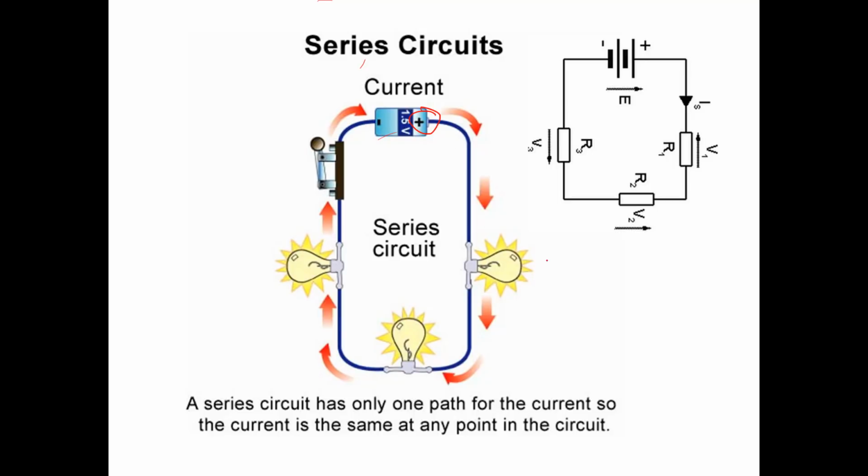Whatever current passes through resistor 1, remember, letter I we use for current, is equal to the current passing through resistor 2, which is the current passing through resistor 3. So a series circuit has only one path for the current, so the current is the same at any point in the circuit.